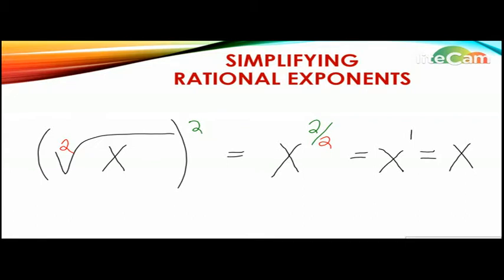So there I've done it a different way, but I've also shown that the square root of x squared is still just x. So I guess you could say this is another proof, like in geometry.